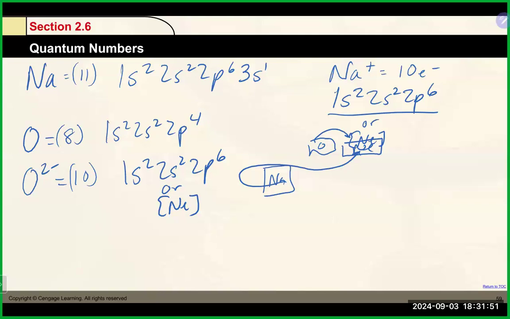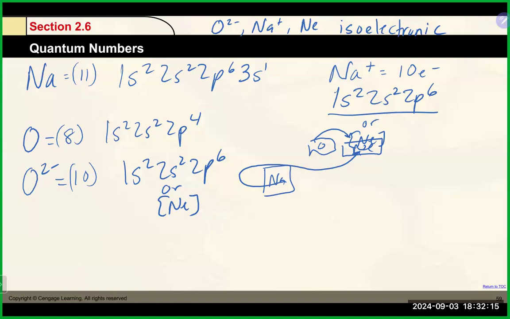When you talk about electron configuration of oxygen with a -2 charge, or oxide ion, sodium ion, or neon, they all have the same electron configuration. They are sometimes referred to as being isoelectronic with each other. Things that are isoelectronic are things that have the same electron configuration.